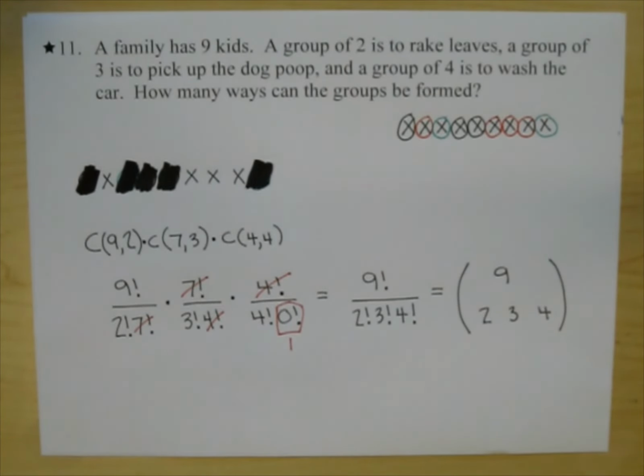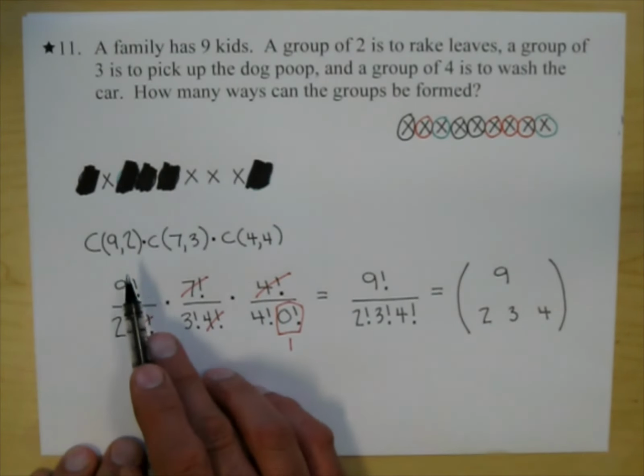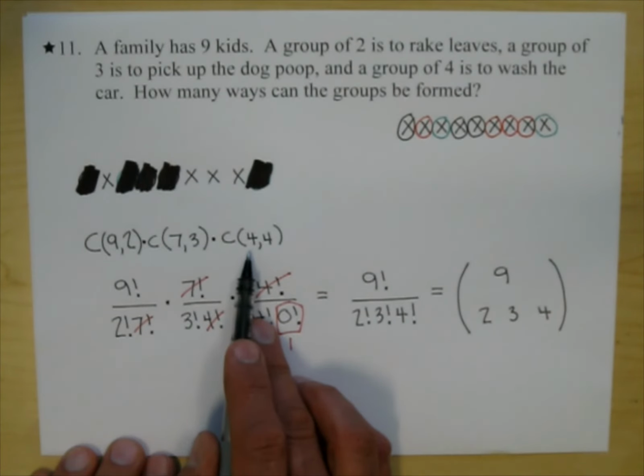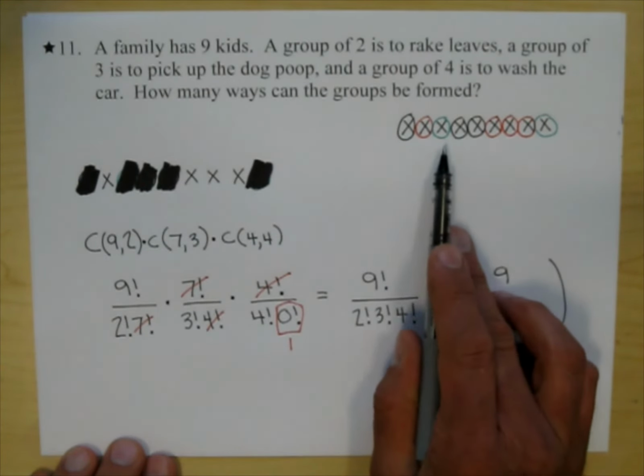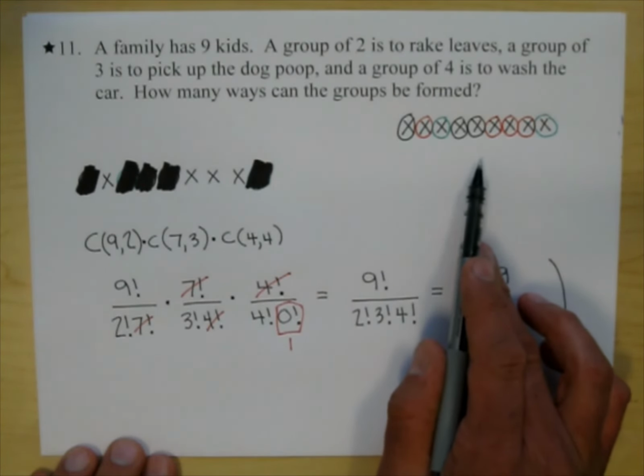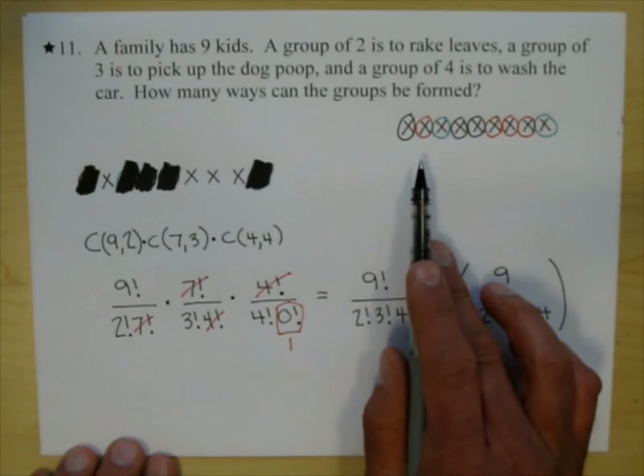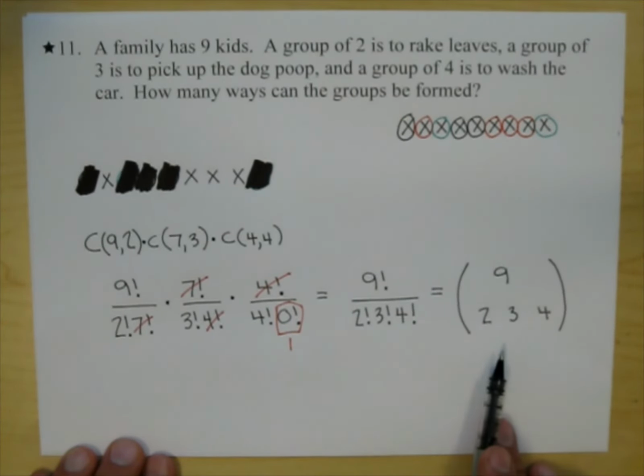Wow, this is kind of a hybrid between combinations and permutations. Yeah, these are definitely combinations, but you can see there's 3 different labels happening now. You know, that you've got the rake leaves, the pick up poop, and the wash the car. So this is sort of a hybrid between permutations and combinations.